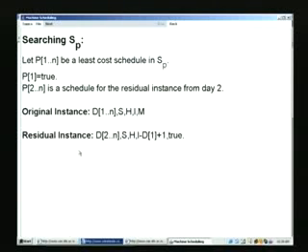The residual instance is just the part of this which begins on the second day. So in the residual instance, we have only demands for days 2 through n. Then S is the same, the startup cost doesn't change, the holding cost doesn't change. However, the inventory on day 1 is going to be different, and on day 2 is going to be different.